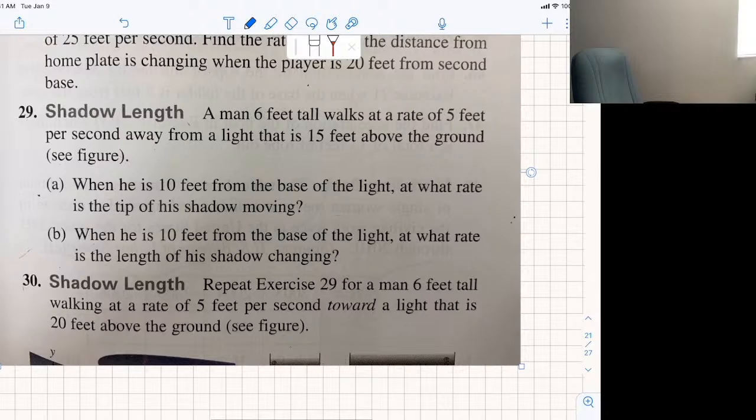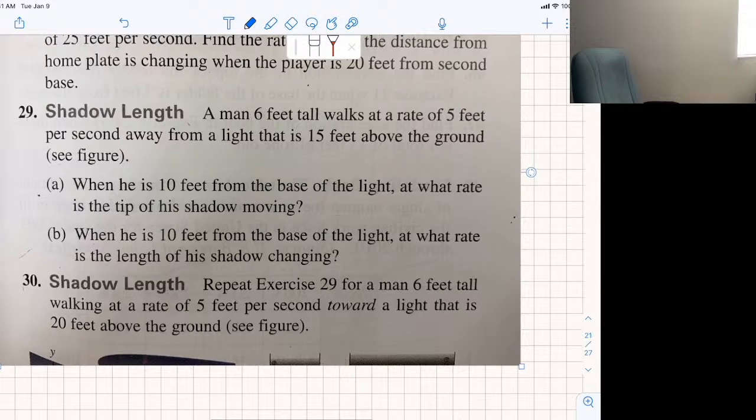Okay, now let's look at question B. When he is 10 feet from the base of the light, at what rate is the length of the shadow changing? Okay, so my first question is: are A and B the same answer or are they different? If the answer is the same, can you tell me why?